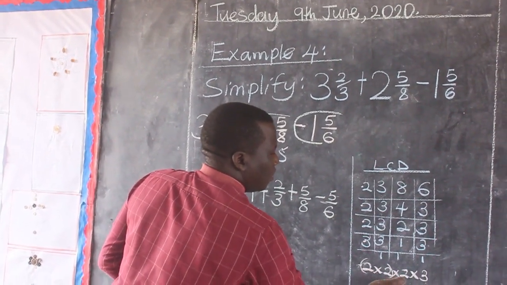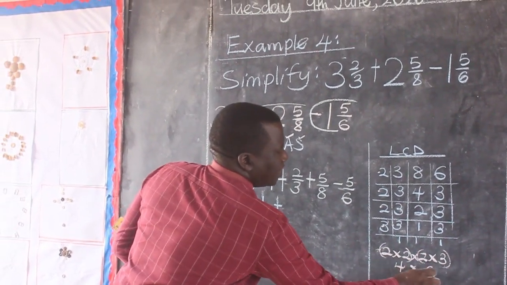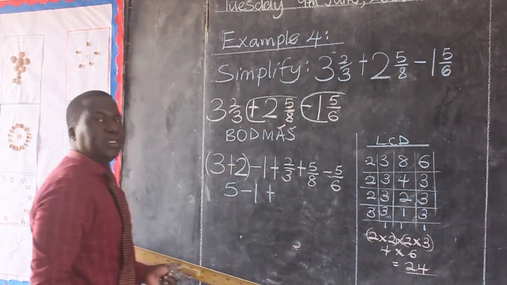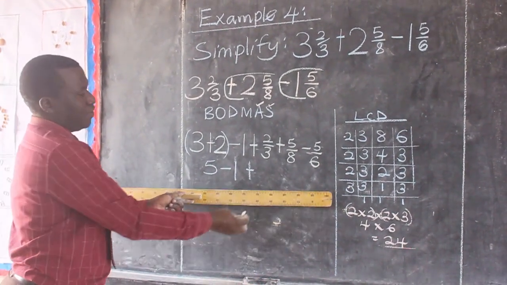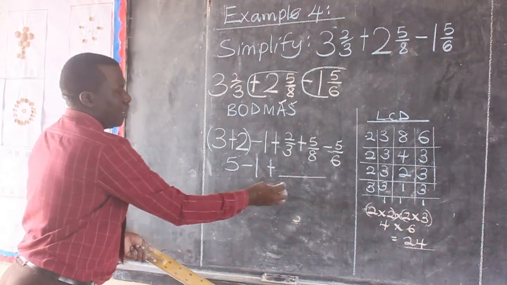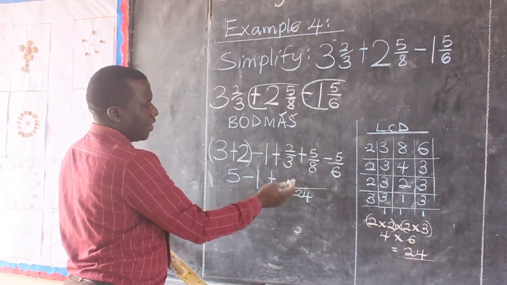So we shall get 4 times 6, which is 24. So our lowest common denominator is 24. Come and write your quotient line there. Put the 24 down. 24 divided by 3.